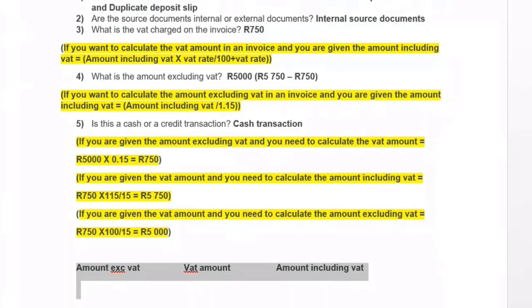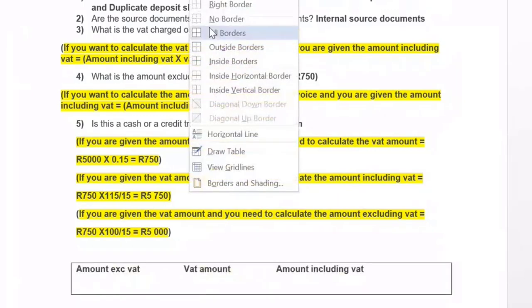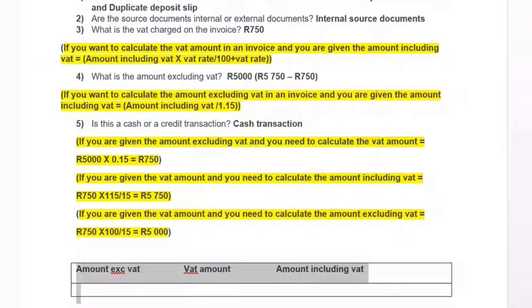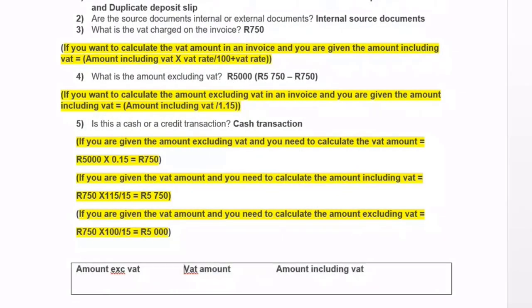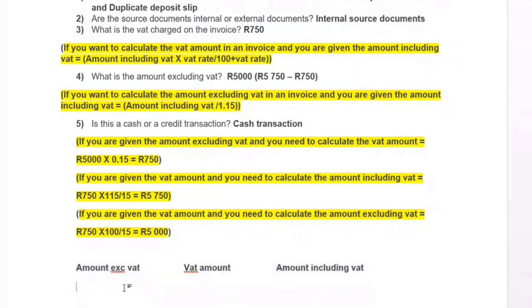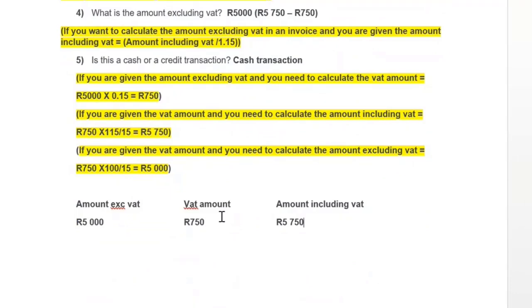Here the amount excluding VAT is 5,000, the VAT amount is 750, and the amount including VAT is 5,750.